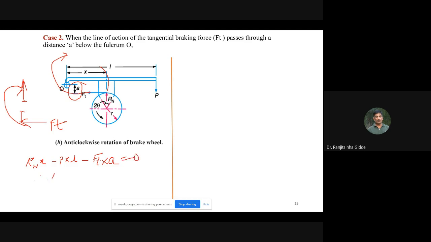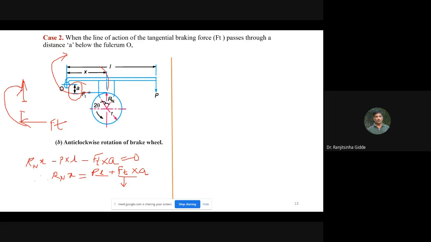So here Rn into x is equal to these two terms. That is PL plus FT into A. What is the value of FT?